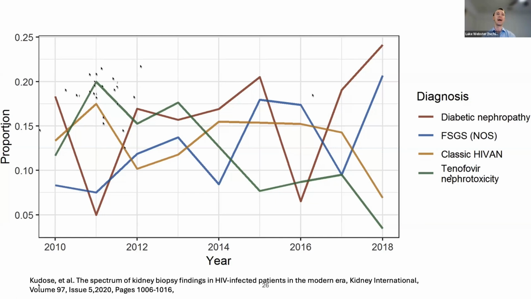We're seeing more classic HIVAN, maybe a little bit less diabetes and less FSGS. But as we're moving forward in time, probably with the changes in antiretroviral agents, we're seeing diabetes jump to be the most common cause of kidney pathology, at least in 2018. Second being FSGS, and we see HIV-associated nephropathy and tenofovir toxicity drop way down in prevalence.